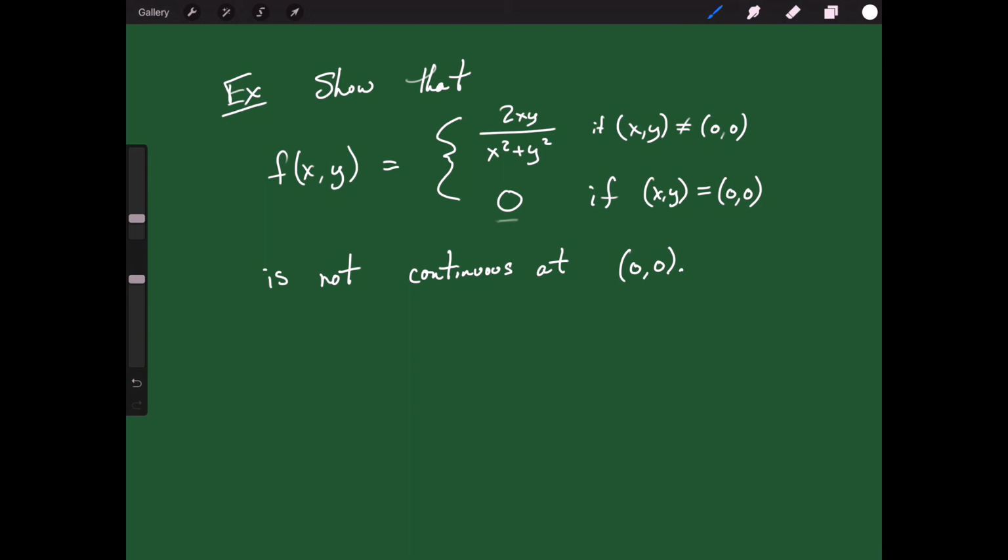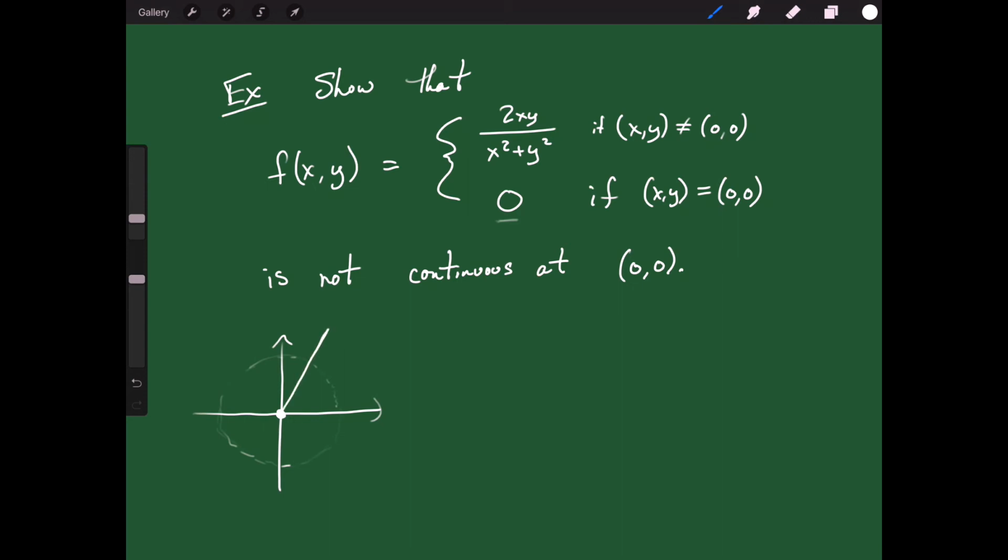So what I'm going to do is evaluate this function in the xy plane. So think of the xy plane for a second. Here we are, xy plane, and I'm looking at the point 0, 0. I'm saying, let's take some points that are close to 0, 0 and see if they're small. Let's look at just a little neighborhood around 0, 0, and I want to take a specific path to 0, 0.